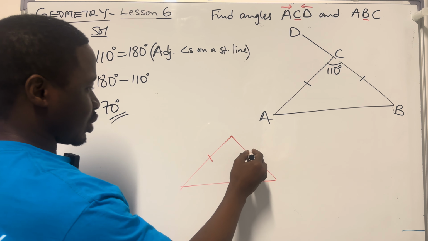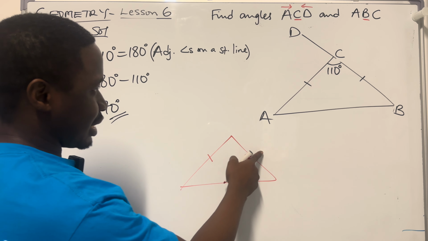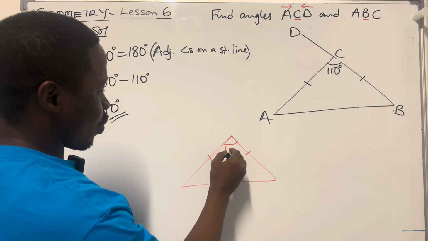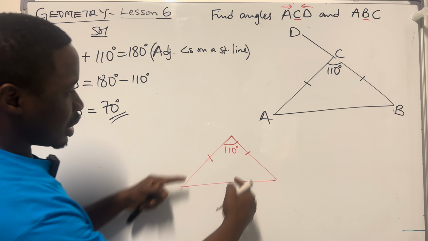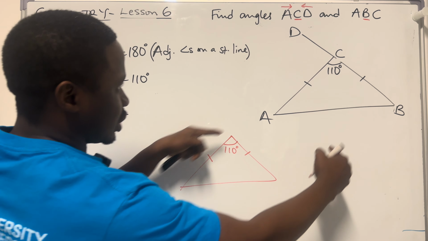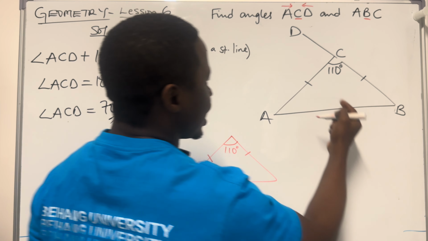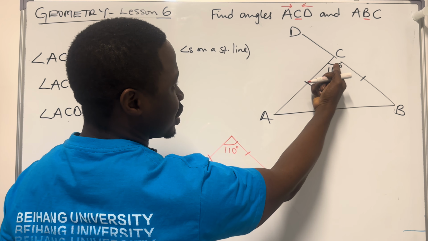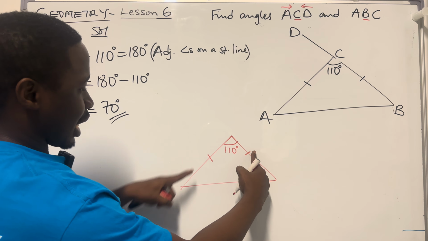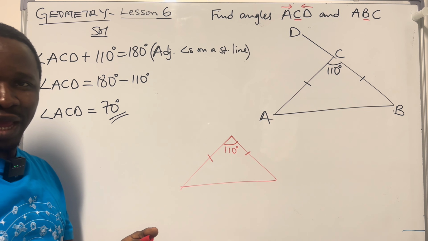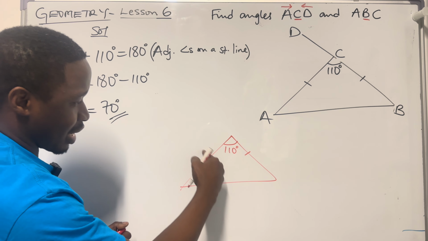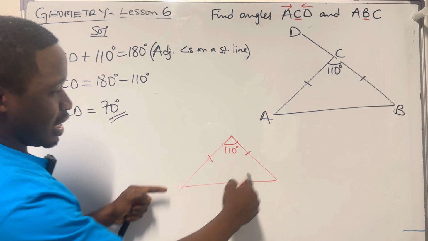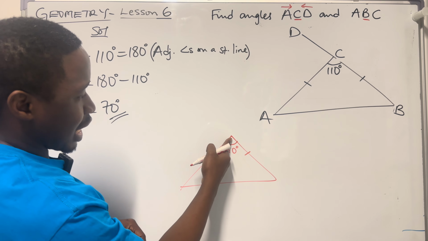This mark tells us that this side and this side are equal. Here is 110. These two equal sides meet at this point to form this angle.